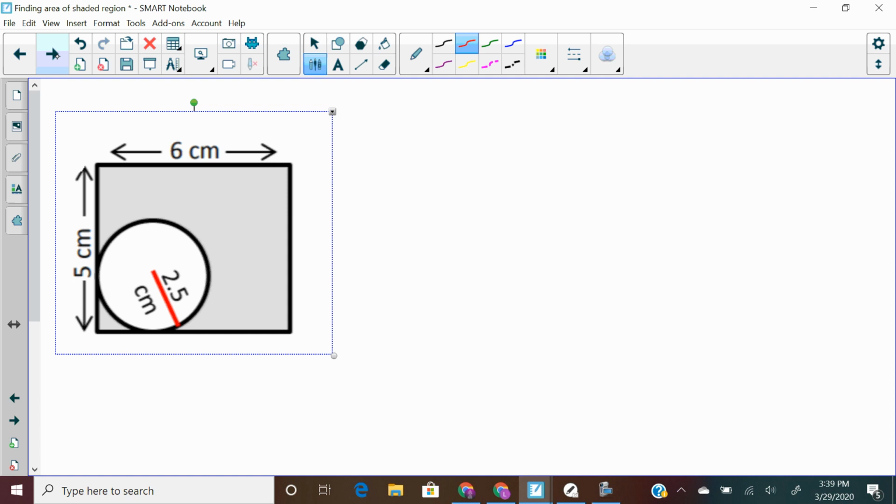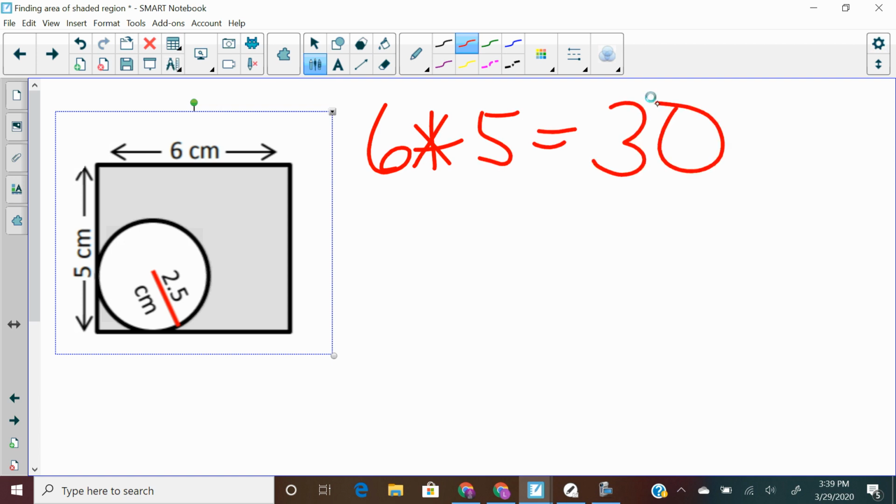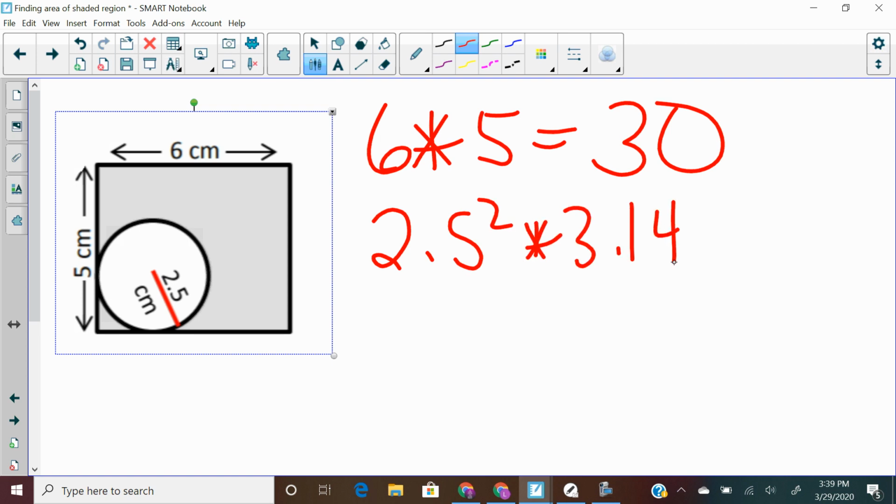Okay, this next example is a rectangle with a circle inside. We do 6 times 5, which is 30. And then we do 2.5 squared times 3.14, which is 19, we'll round it to 19.6.